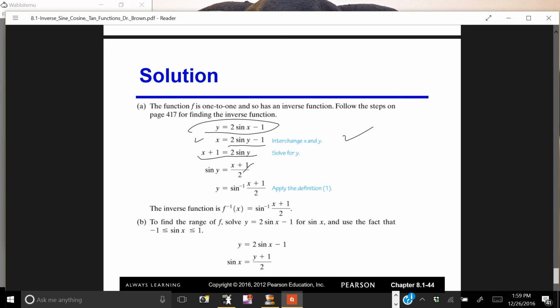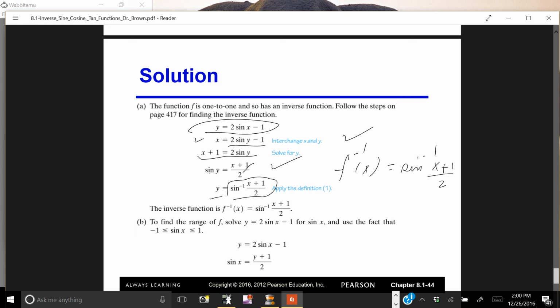Solving for sine of y, we get sine of y is equal to x plus 1 over 2. So y then is equal to the inverse sine of x plus 1 over 2. So the inverse function of x is equal to inverse sine of x plus 1 over 2.